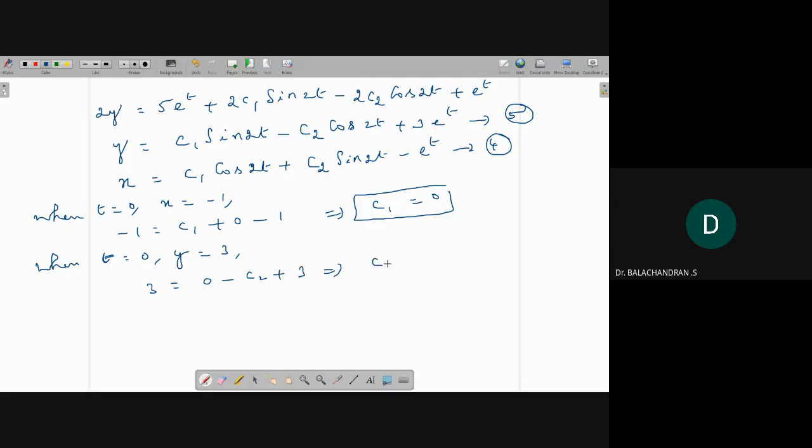This implies c2 is also 0. Substitute c1 and c2 equal to 0 in x and y. You will get x equal to minus e power t and y equal to 3 e power t. So this is the final answer.